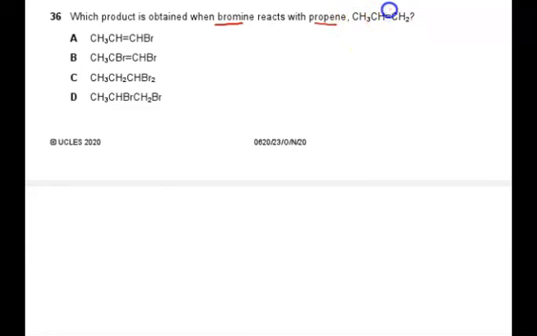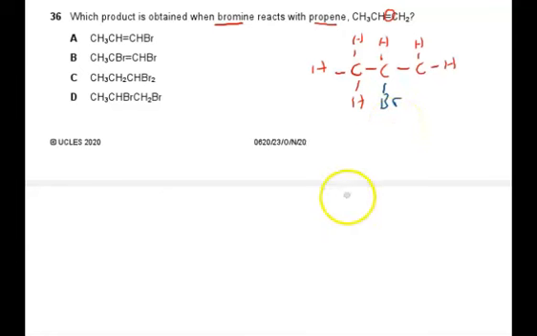So we break the double bond over here and we will be getting bromine here and bromine here.